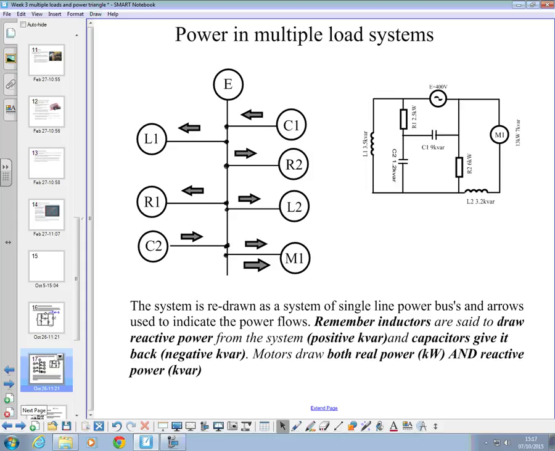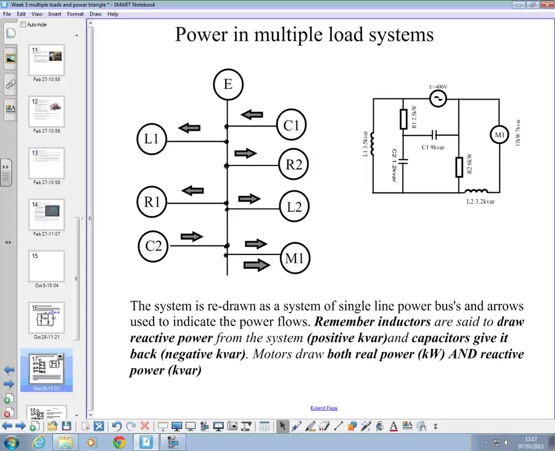What's useful to do is draw a spider diagram of that system, because everything's connected to a load centre in parallel. And we draw arrows showing the flow of different powers to and from that source. So the inductors have got arrows pointing into them, so do the resistors.